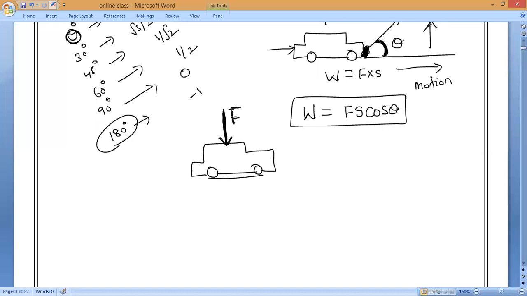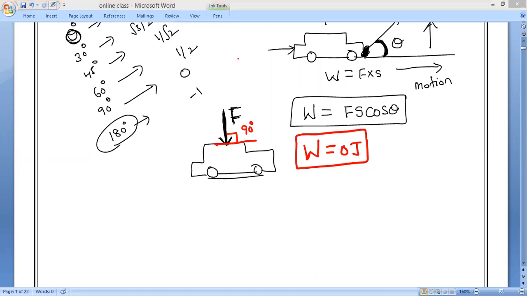No, because in this case, what is the angle between the surface and the applied force? 90 degrees. So in this case, the total work done is how much? Zero. What is the total work done? 0 joules. Any doubt about this, ask me.